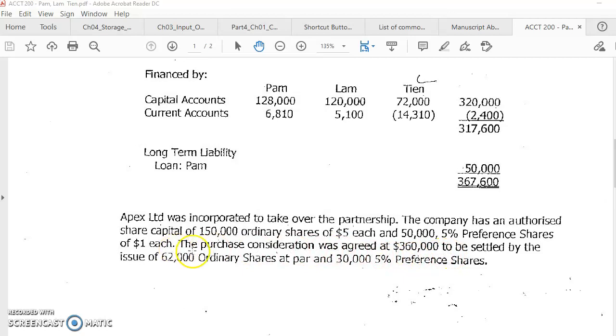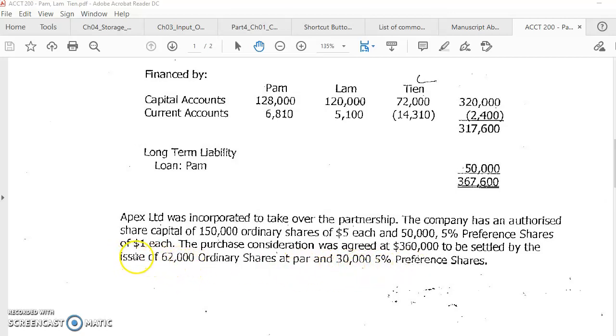So in this particular example, the purchase consideration was agreed at $360,000 to be settled by the issue of 62,000 ordinary shares at the par value. So they are going to use 62,000 ordinary shares at $5 each and 30,000 5% preference shares, but they have not told us the issue price of these preference shares.